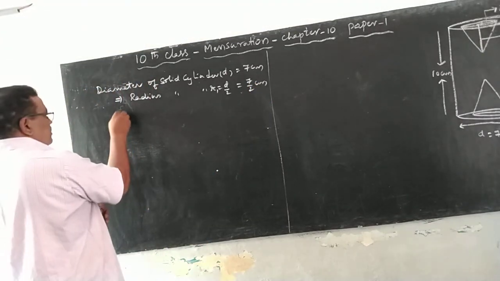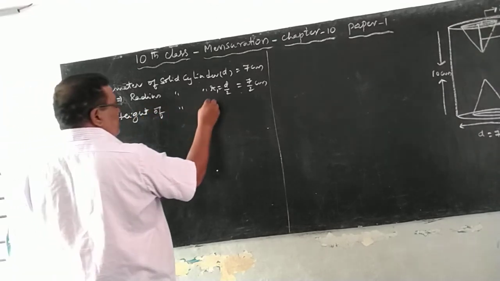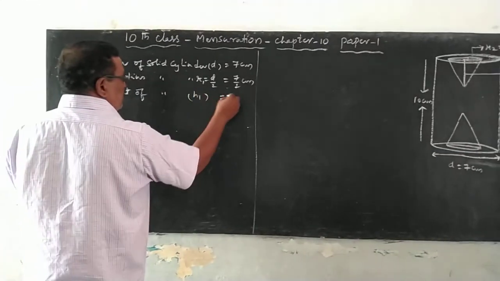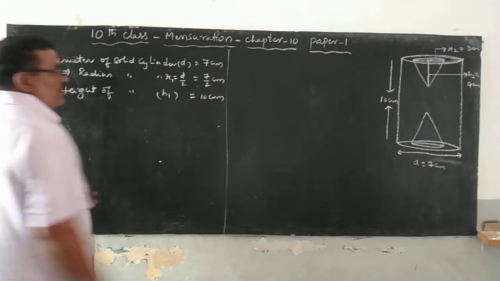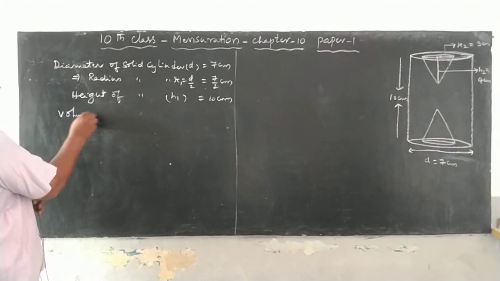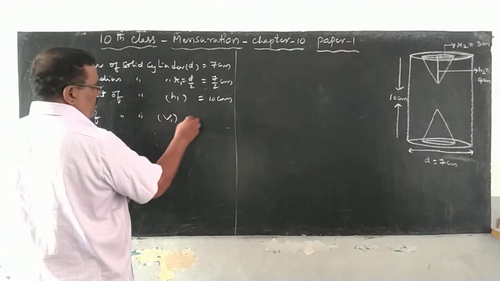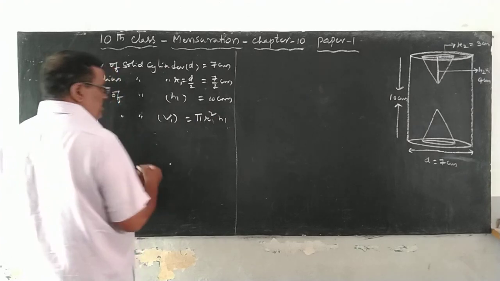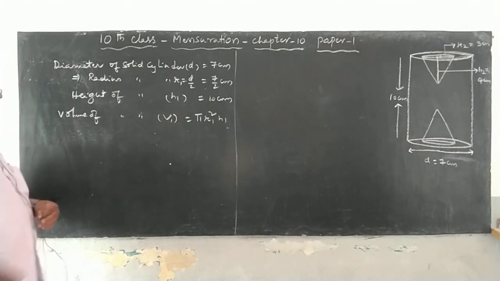Height of cylinder H1 is equal to 10 centimeter, children. Now, we need to find the volume of the cylinder. V1 is equal to pi r1 square H1. Keep it like that only. We will solve that afterwards, not now.